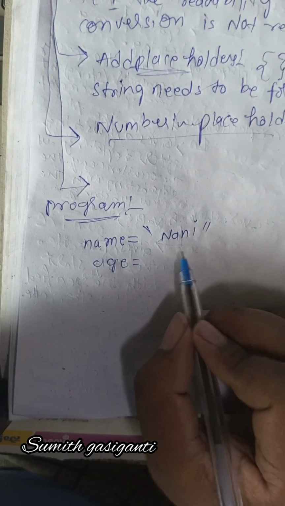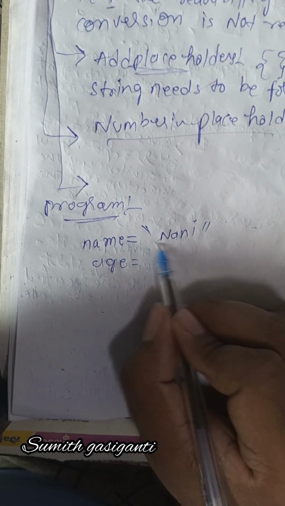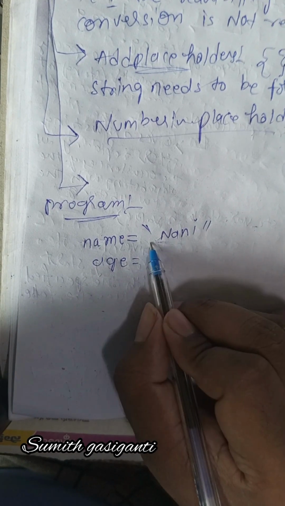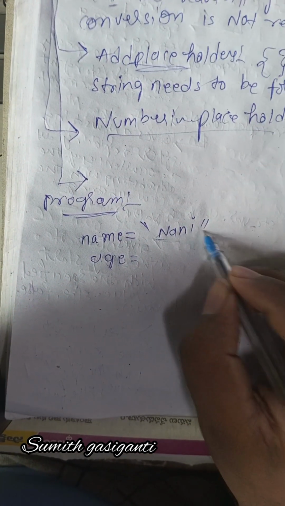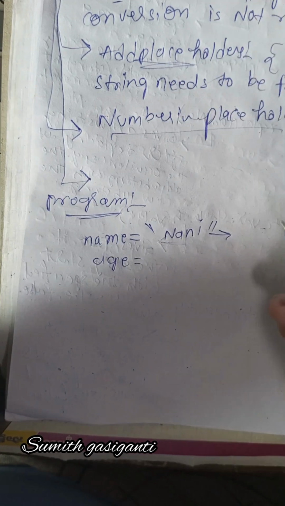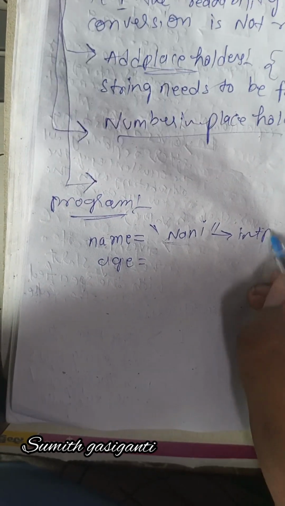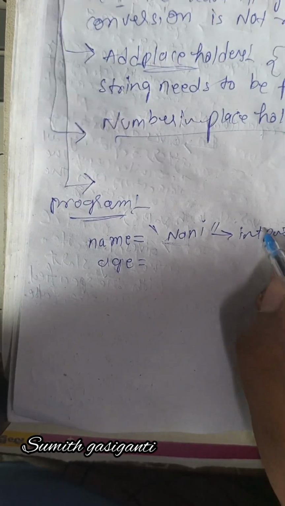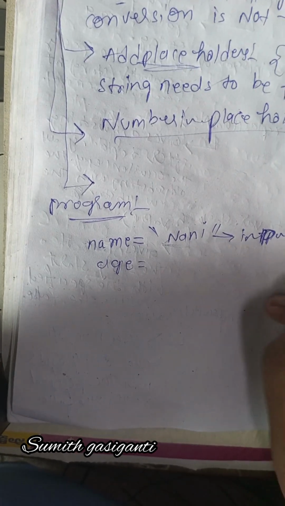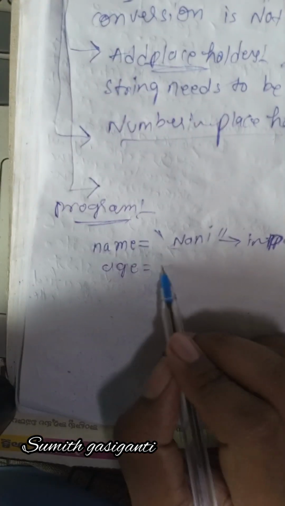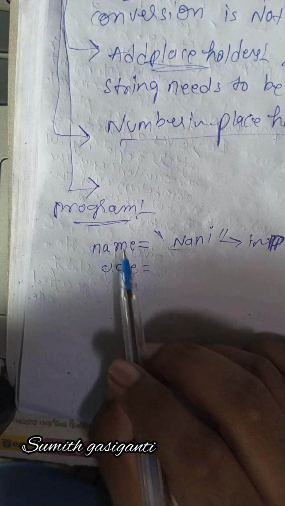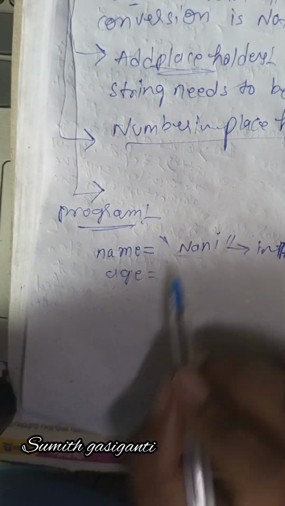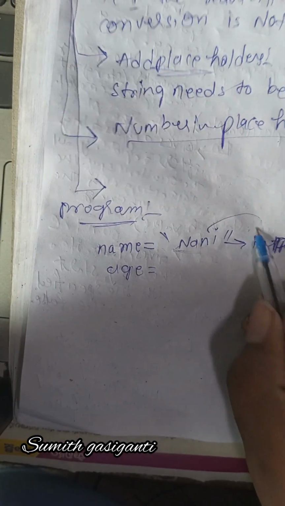When giving input, for name, we take input using input(). The name is assigned the input, and in the input I am taking Nani.